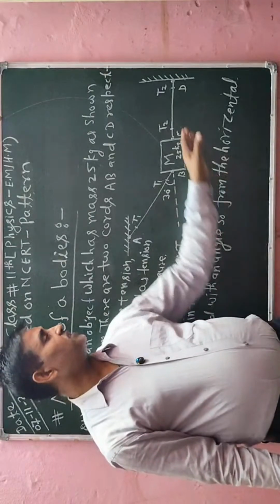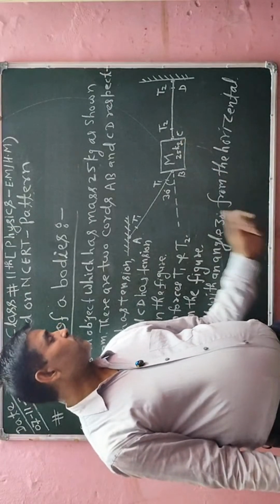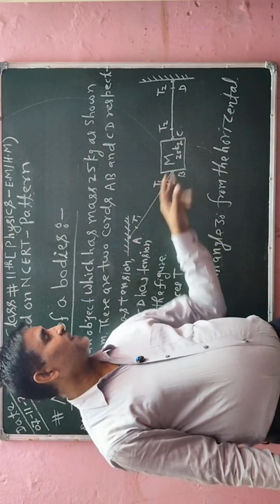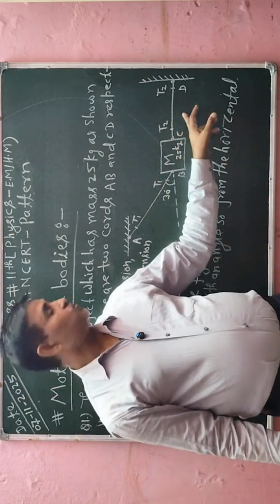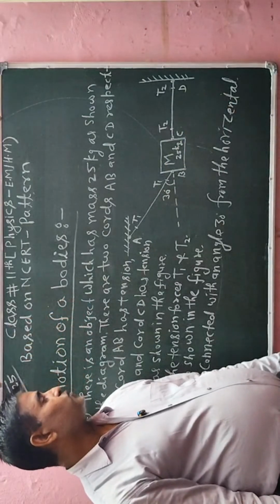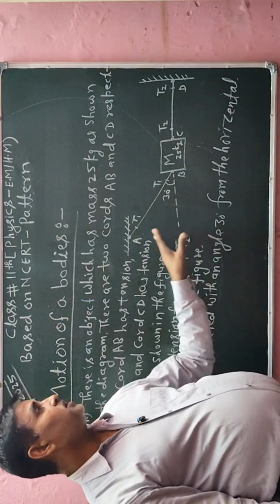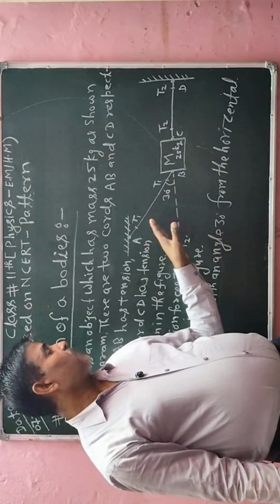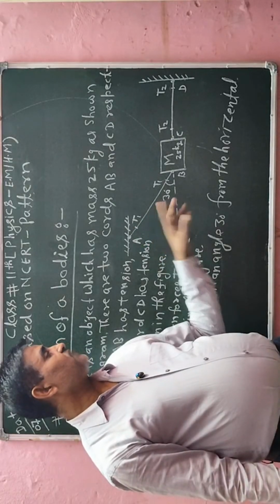It means it is horizontally connected. So we have to calculate the tension force T1 which chord AB feels, and also the tension force T2 which chord CD feels. Okay, so we have to resolve this question, and we have to find the tension forces T1 and T2.